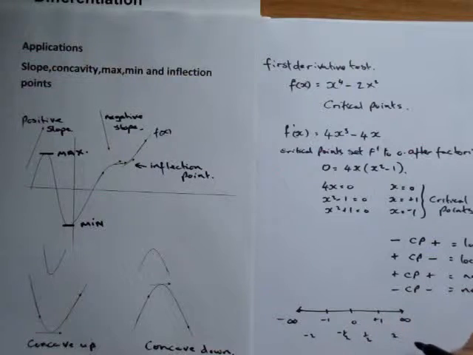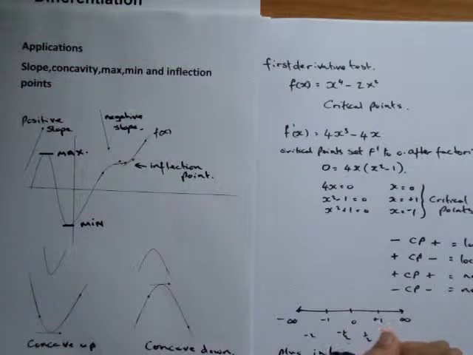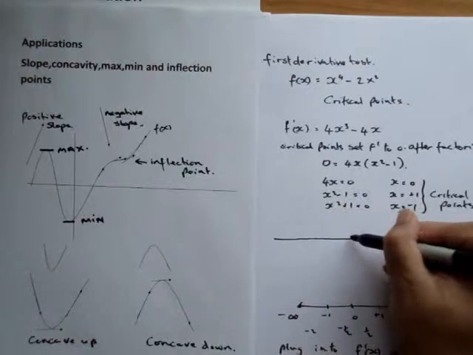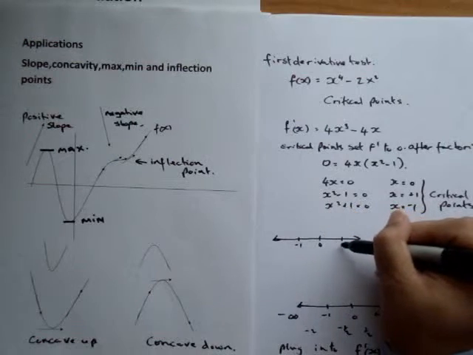So those are our test points or our test intervals, and then we plug these into f dash of x, which was our derivative, and see if they're positive or negative. So what we get here then when we test, let's draw a number line again, 0, -1, 1.